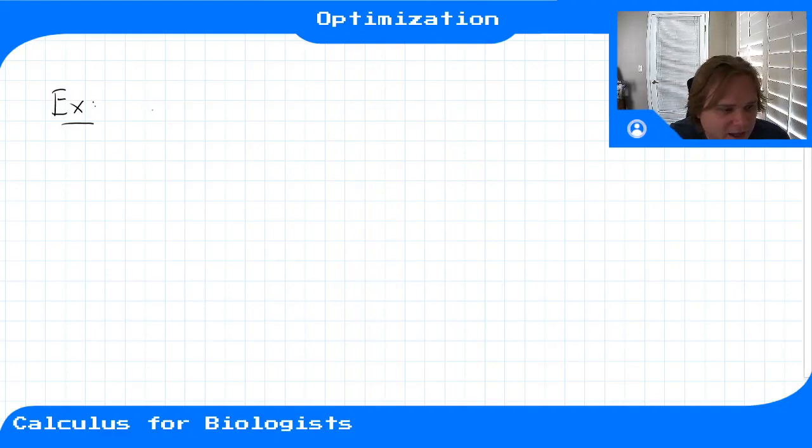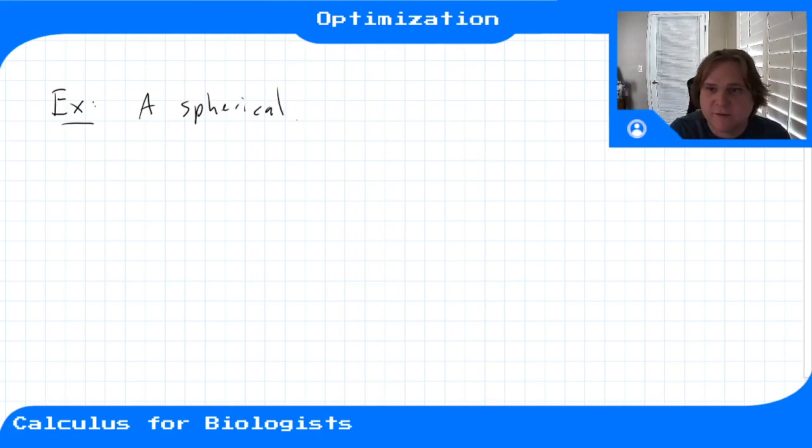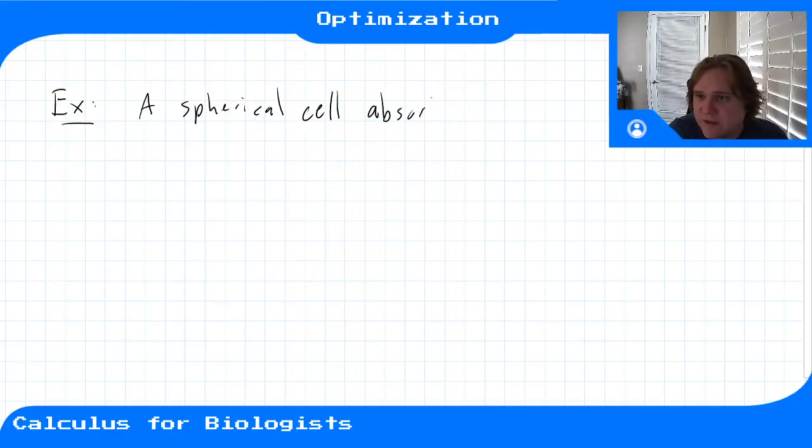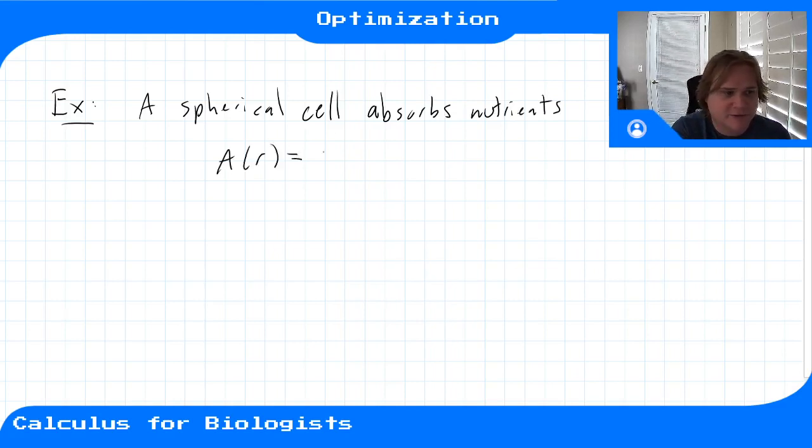Okay, so let's do this problem where we have a spherical cell, and this cell absorbs nutrients according to the function A of r equals 4 k1 pi r squared, right?